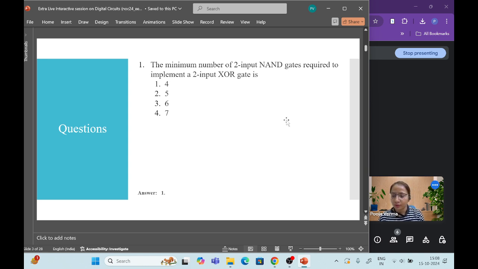So let's move to the first question. The first question is: what is the minimum number of two input NAND gates required to implement a two input XOR gate? This is related to logic gate problems.